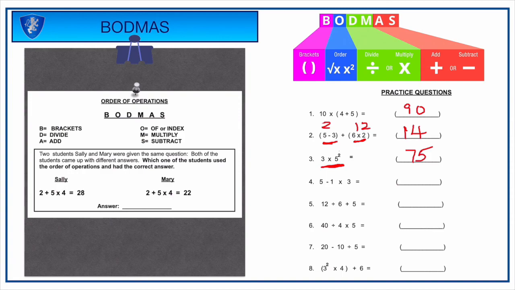This is a beautiful question for a simple reason: most students make mistakes here. When you see a question like this and there's no brackets, they basically just carry on. They'll subtract the 1, they get 4, and then they multiply by 3 and get the answer 12, which is totally wrong.